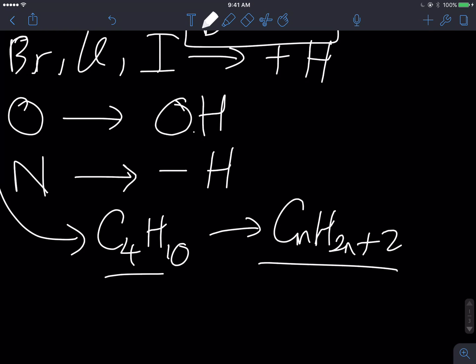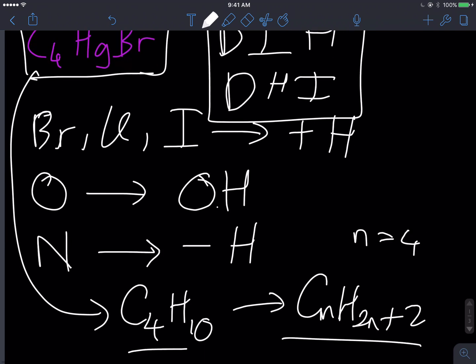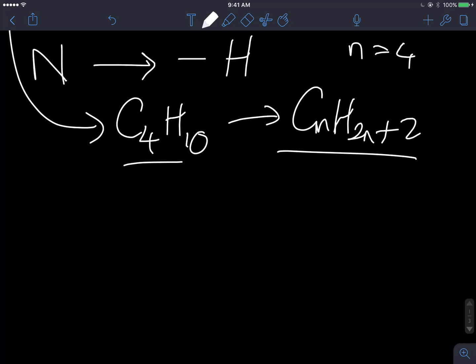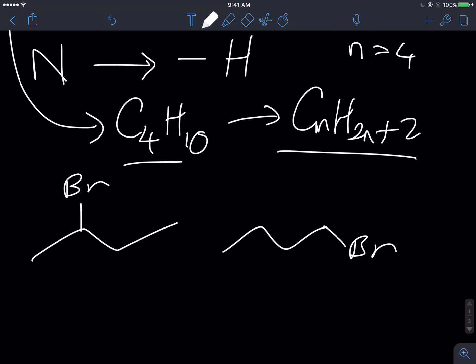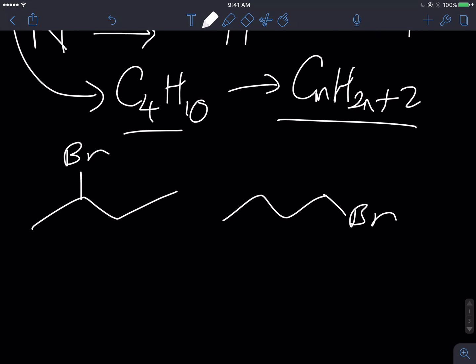Because n is 4, it should be an alkane, so single bonds only with the bromine. 1, 2, 3, 4. We start with the linear structure first and move Br around that one first, and then this one, right? Now we try the one with the chain coming off. That would be Br first, and then that, and then Br, and that's it. That is for C4.